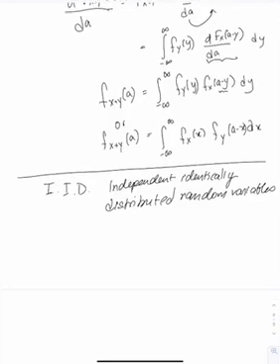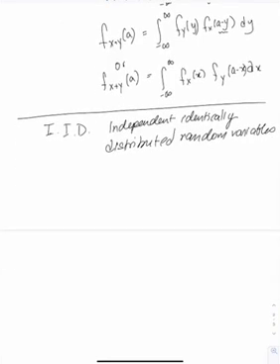All right. So in 6.3.1, we have identically distributed uniform random variables.